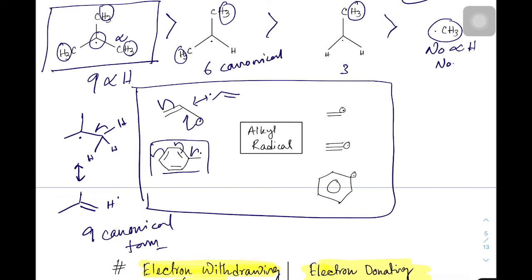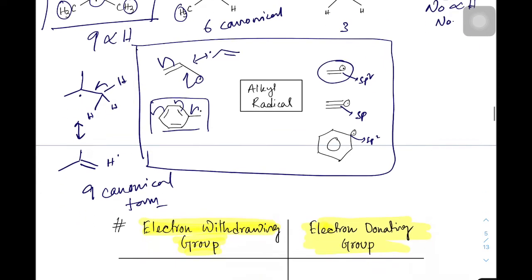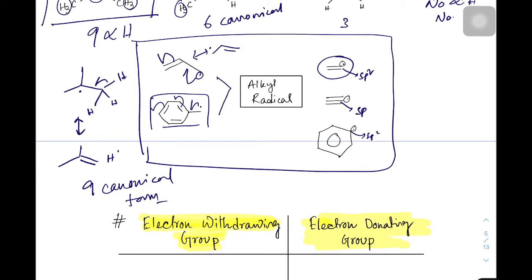Therefore this type of radical, benzyl and allylic radical, is more stable than an alkyl radical. But this type of radical, a radical on an sp2 center or an sp center, is less stable than an allylic radical. So this is more stable than that, and this is more stable than that.